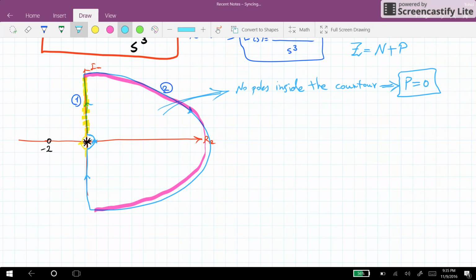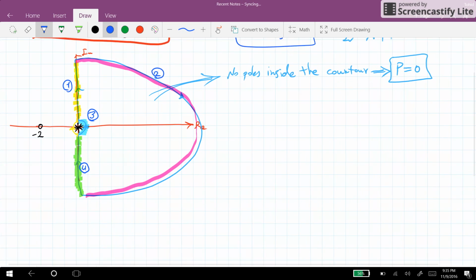The third segment is here, which I will call segment number 3. And we have also segment number 4 here, which is what we get as the mirror of segment 1 with respect to the real axis. However, I will call it just segment 4, and you will see how we draw the Nyquist plot for that segment.